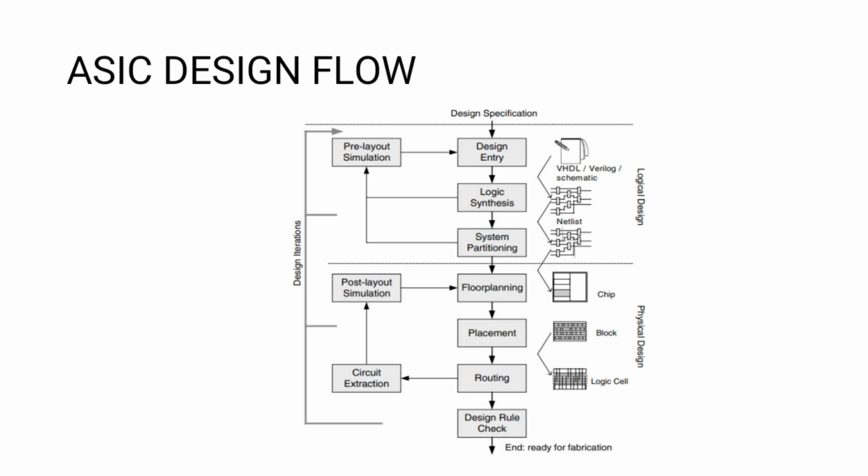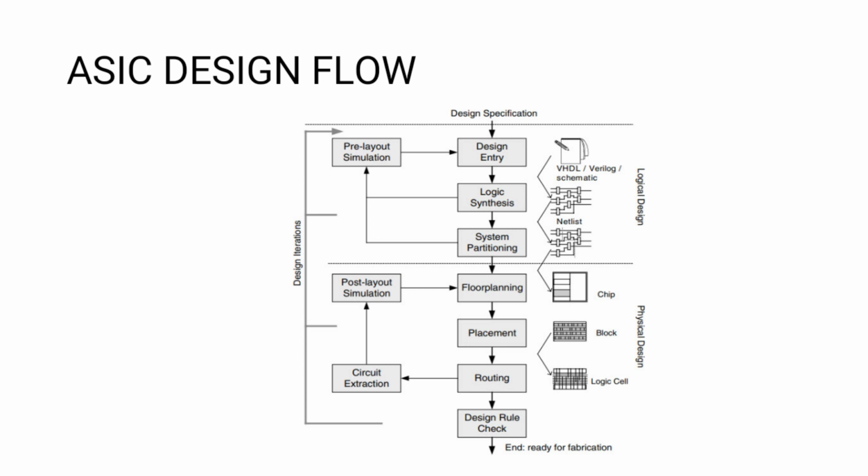That is system partitioning, where we decide where to keep the small components and where to keep the bigger components, to make them compatible. Once this is over, we need to check with the pre-layout simulation.